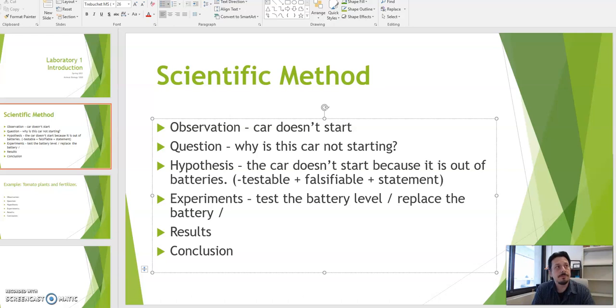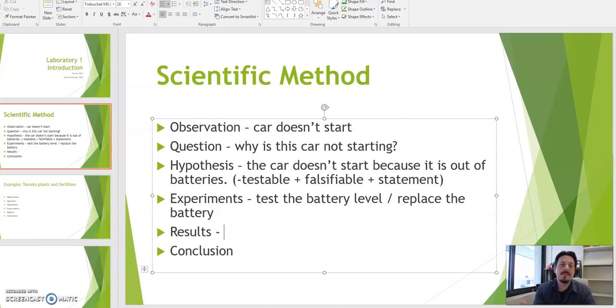What else can you do? You can do a different type of test where you can replace spark plugs, and if it doesn't work, then it lends credence to it being the battery. But I think these are both good experiments to see if the battery is the reason that your car's not starting. So then you get the results.